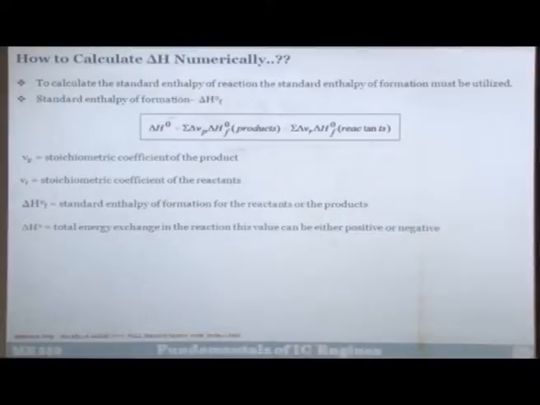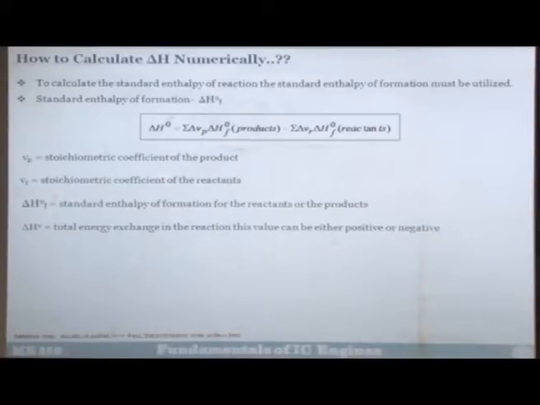Delta H not means standard conditions, standard temperature and pressure, 25 degrees centigrade, 1 atmosphere pressure, and then you can calculate the enthalpy of formation of products minus the enthalpy of formation of reactants, and for all these values there are standard tables. So, you can just calculate theoretically also.